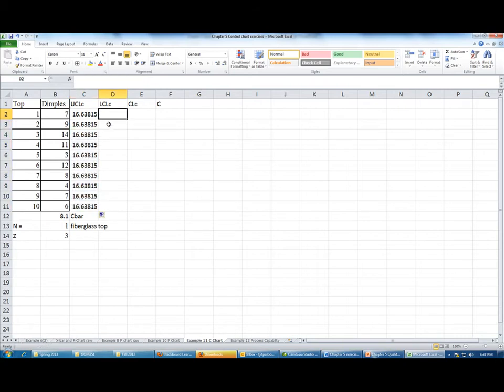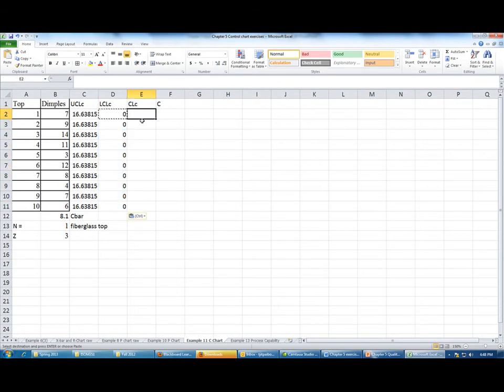Lower control limit will be C bar minus Z times square root of C bar. Okay. Every time there's something negative like that, as you know, the minimum number of dimples will be 0, so it can be adjusted to 0.